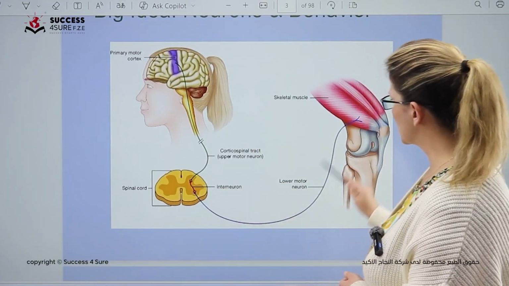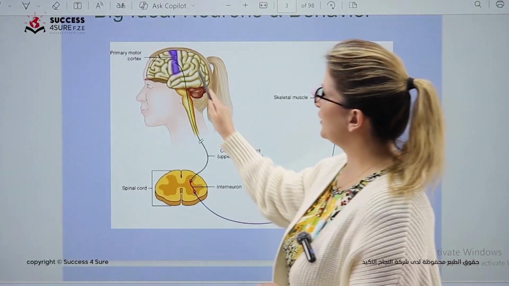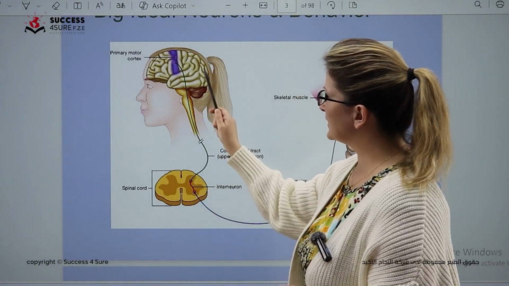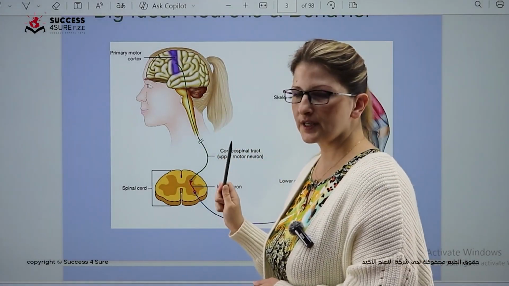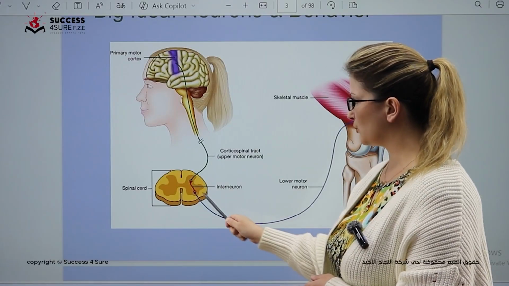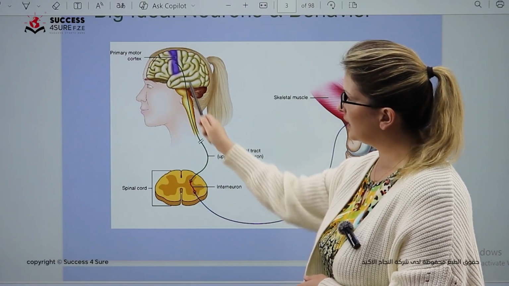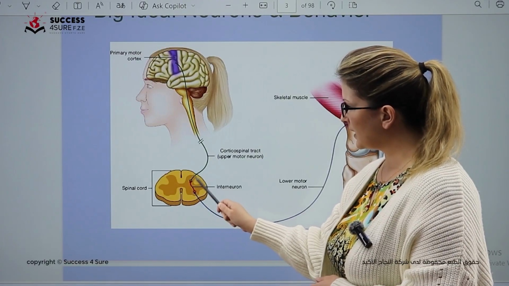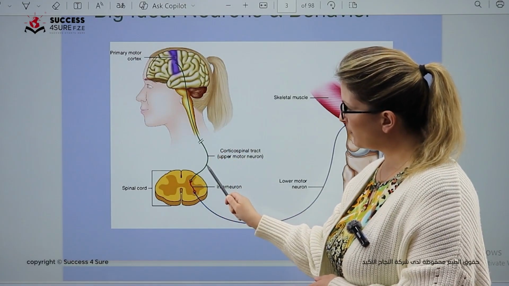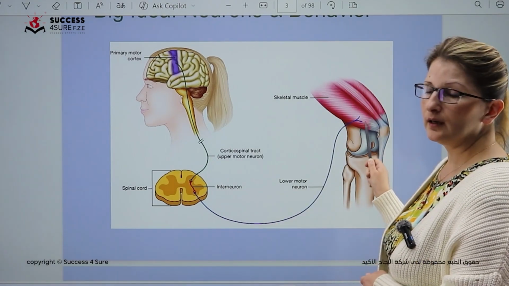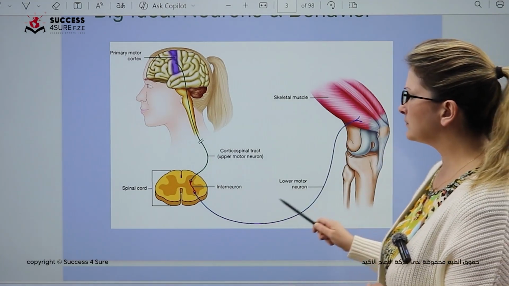This is the connection. For example, we have here the primary motor cortex that sends impulses to the spinal cord, where we have one type of neuron, and here we have the interneuron that connects this part that comes from the brain to that part that will go to the muscle.